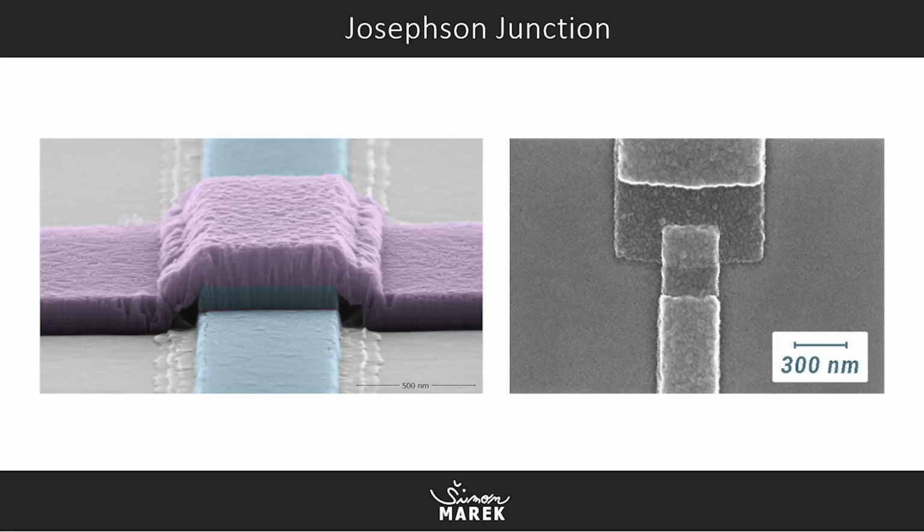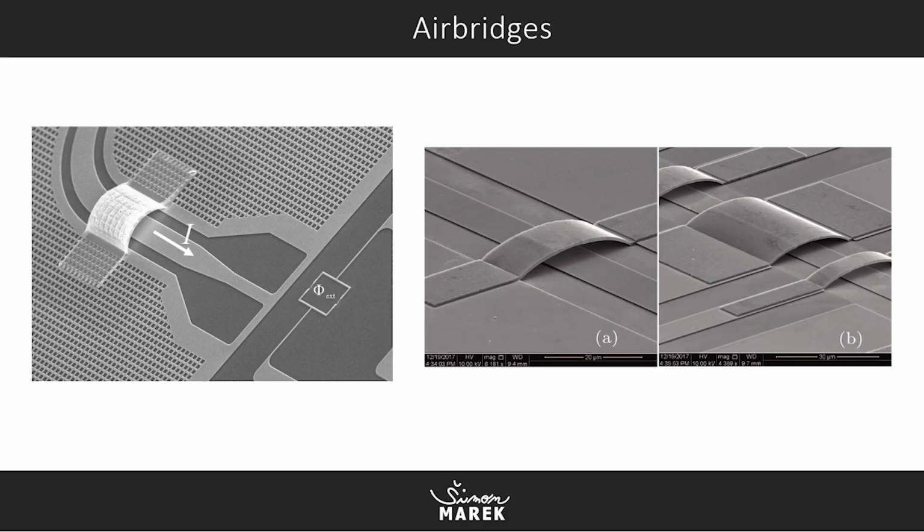There is also a very important element for traveling wave parametric amplifiers, which is the Josephson junction, which is a superconducting element. So here is a zoomed Josephson junction under a microscope. This is how it looks when it's fabricated.